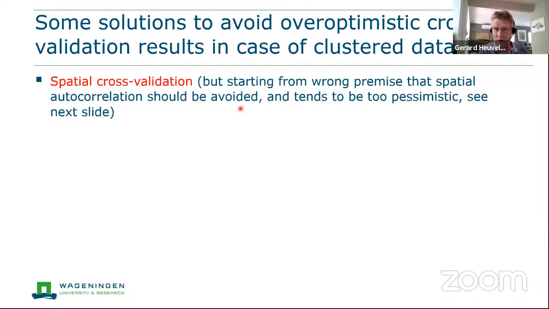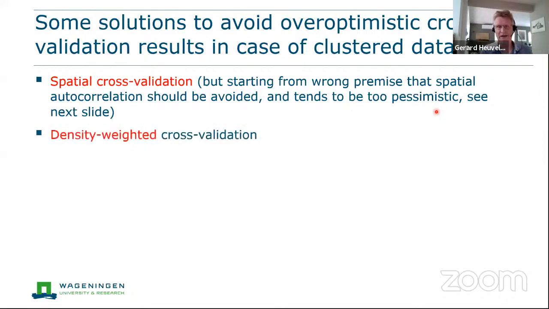But I hope I've made clear with the first aim of my lecture that if you take a random sample, some points will be really close to one another. It's not a problem at all because you took a random sample. So spatial cross-validation really avoids that. It makes sure that a validation point is never close to calibration points, and then it tends to be too pessimistic.